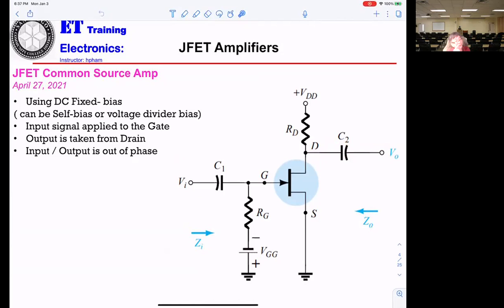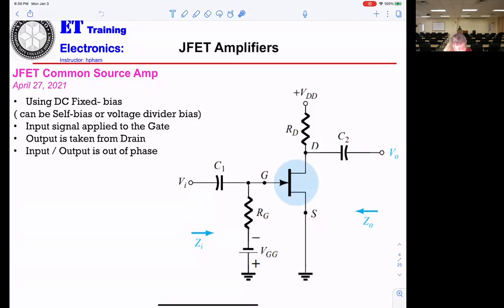And if you're looking at this circuitry, what bias are they using to build the amplifier? What type of DC bias?